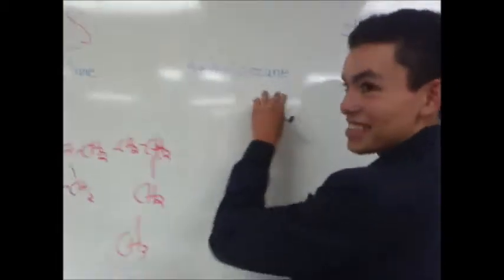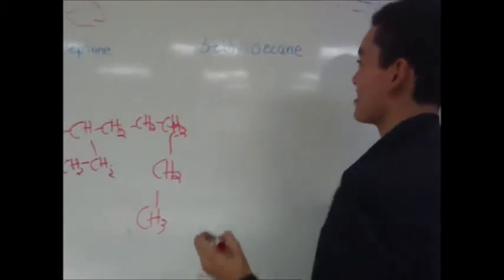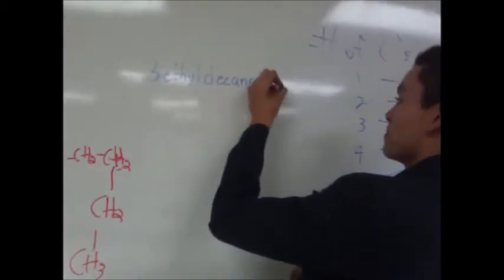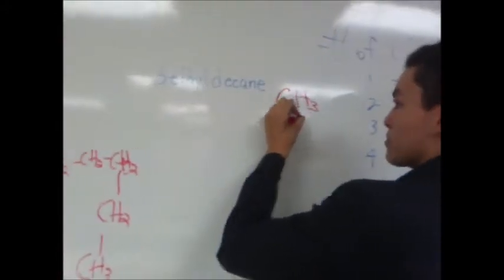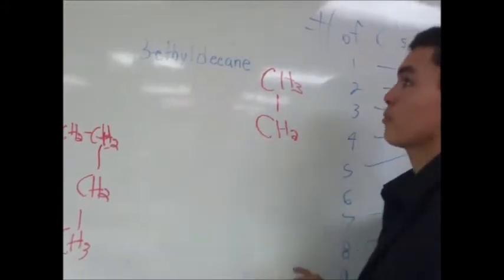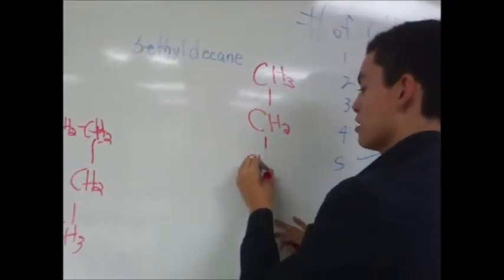And decane means there are 10 carbon atoms. So I will put here 1, 2, and you see in the third one I will put a substituent, so I will put this.